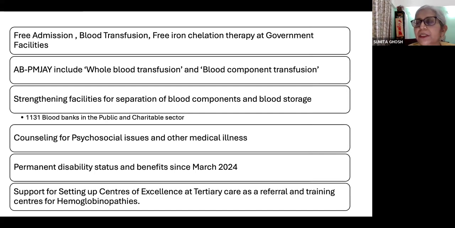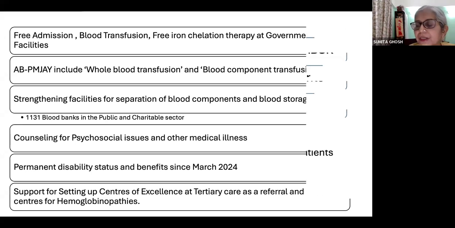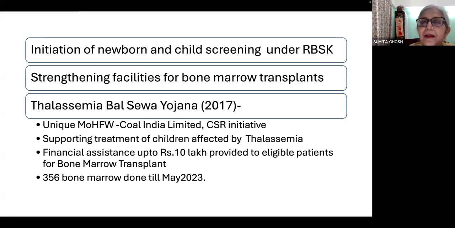In March 2024, permanent disability status was accorded to thalassemic patients, with benefits thereon. There are some efforts at setting up Centers of Excellence at tertiary care centers.